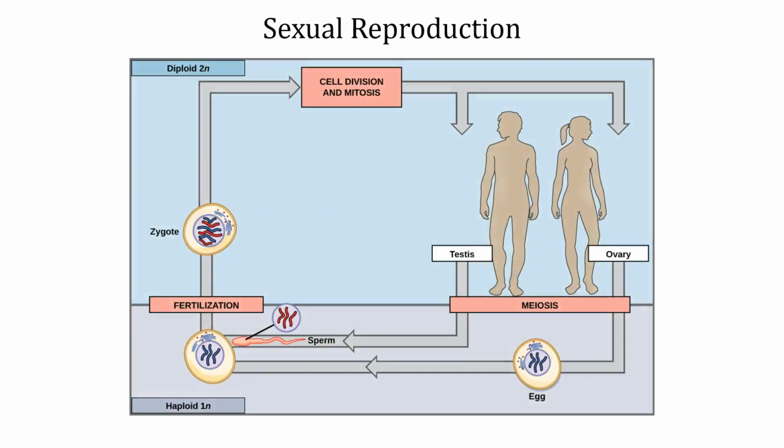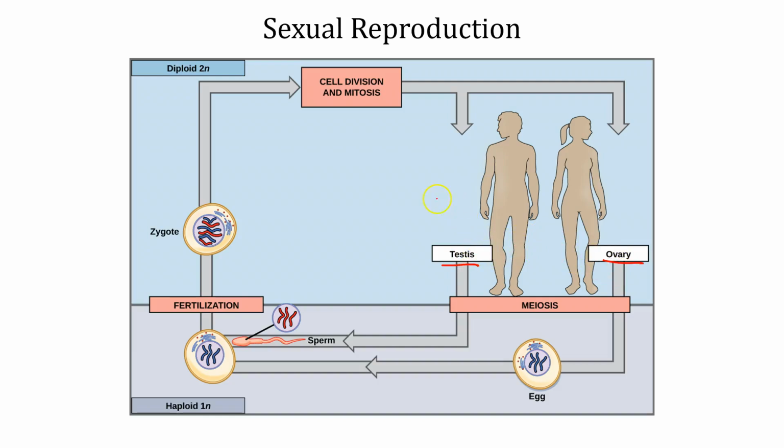Okay, one last note. I've already basically talked about this, so I'm not going to spend much time on it, but this just illustrates what I was referring to earlier. In a male and a female are these organs called the gonads. It's the testes in the male and the ovary in the female, and this is the place where meiosis is occurring exclusively.